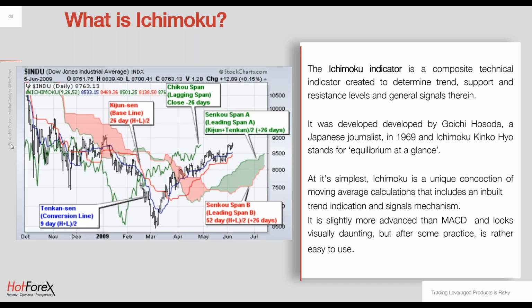Now, Senkou Span A, the leading span A, which we can see over here. Can you see it? It is the top line of the cloud, the green line, which takes the conversion line, the Tenkan-sen, plus the baseline, divided by 2.